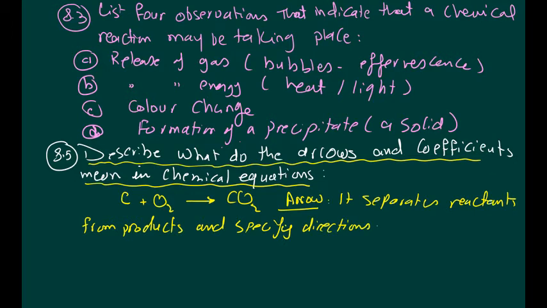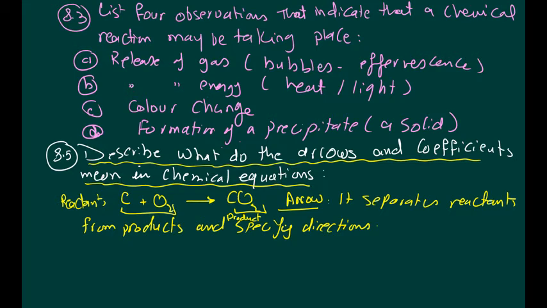So C plus O2 are reactants, carbon dioxide is the product. The arrow shows you that reactants are converted into products, or carbon plus oxygen react to give carbon dioxide. So it separates them and specifies the direction of the reaction.